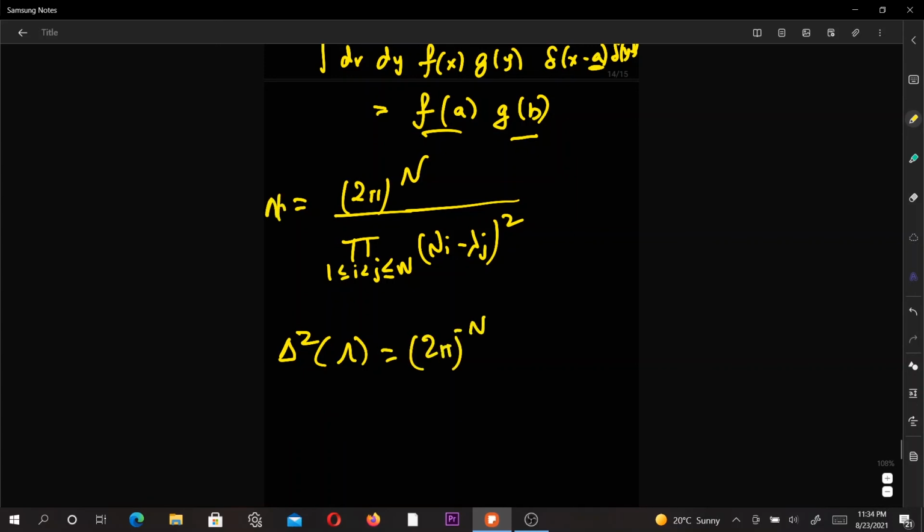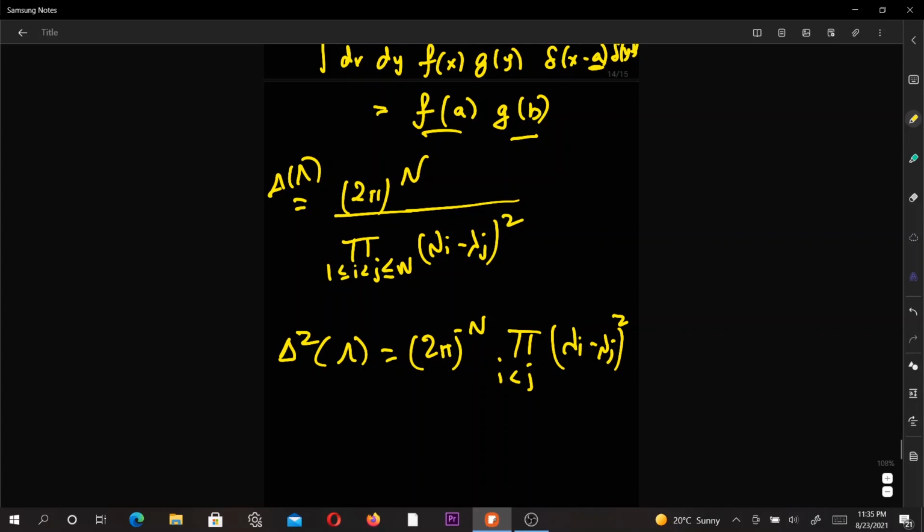Or with i less than j, you can use this notation as well. It just implies the same thing, squared. So this is what the square of the Vandermonde determinant gives us.